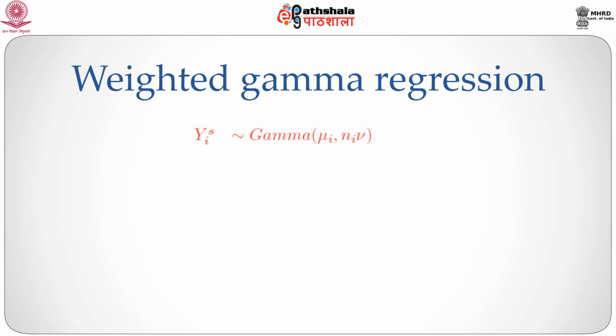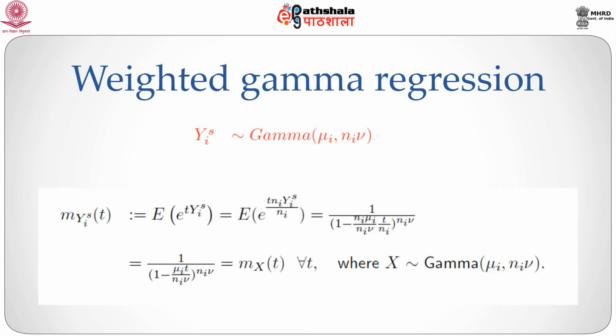Since yi star follows gamma with mean mu i and scale factor ni into mu, using the additivity property of the gamma distribution, which can easily be shown by looking at the corresponding moment generating function, it is possible to show this result. Thus, we need to introduce weights for a gamma regression for yi stars. Since expectation of yi star is equal to mu i, the EDA and the diagnostics for the regression, however, are similar to those of the unweighted case.